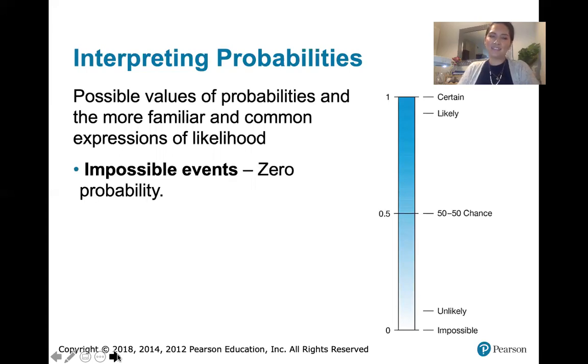If you have an event that's absolutely impossible, then it has a probability of 0. I think Mary could have said to Lloyd that the probability of dating her was 0, but she was much kinder than that. Instead, she said the probability of them getting together was 1 in a million.